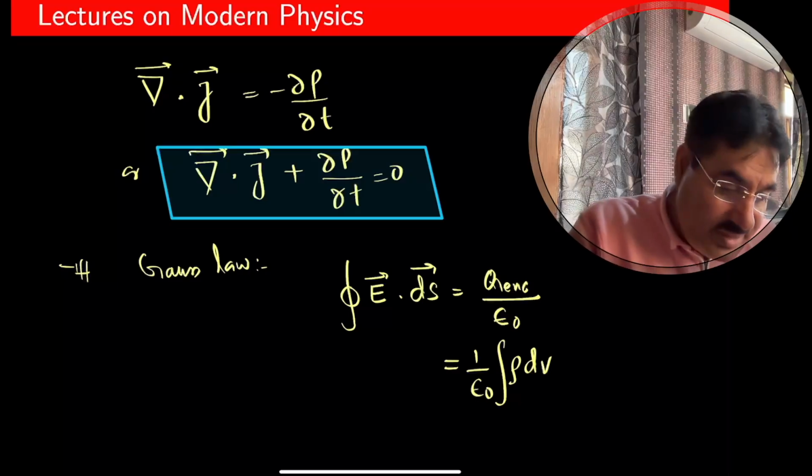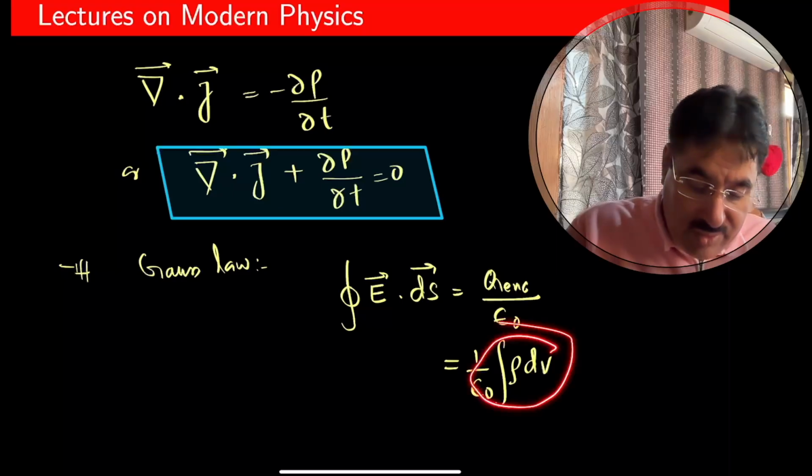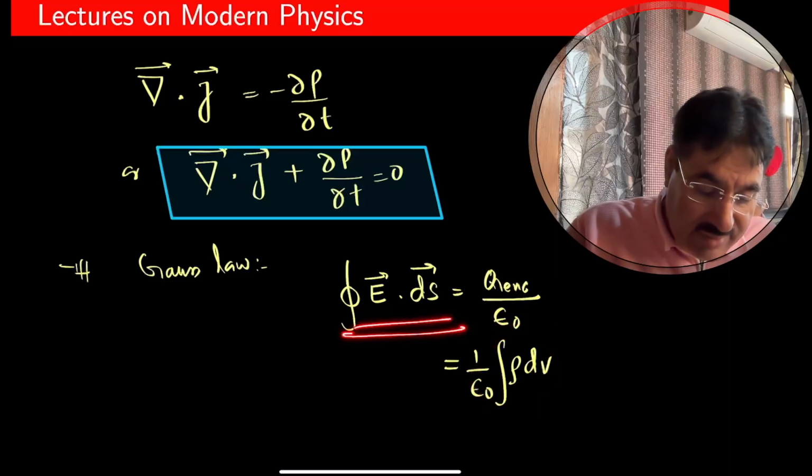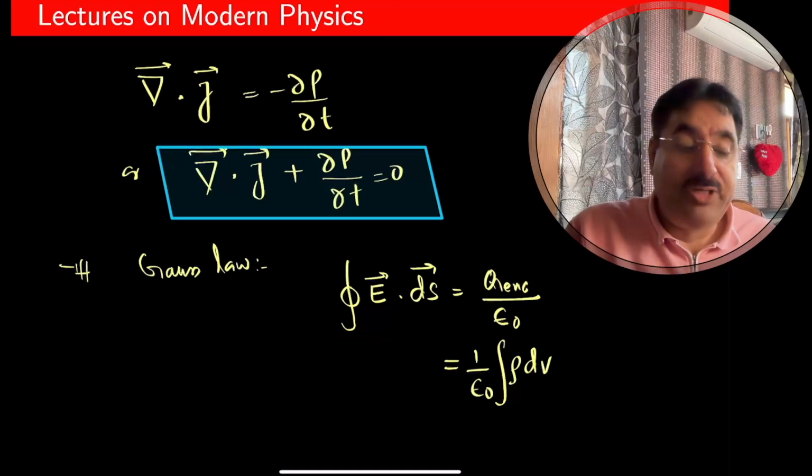Now again I have the same thing as earlier. On this side you have a surface integral, on that side you have a volume integral. So again I will convert the surface integral to a volume integral using the divergence theorem.